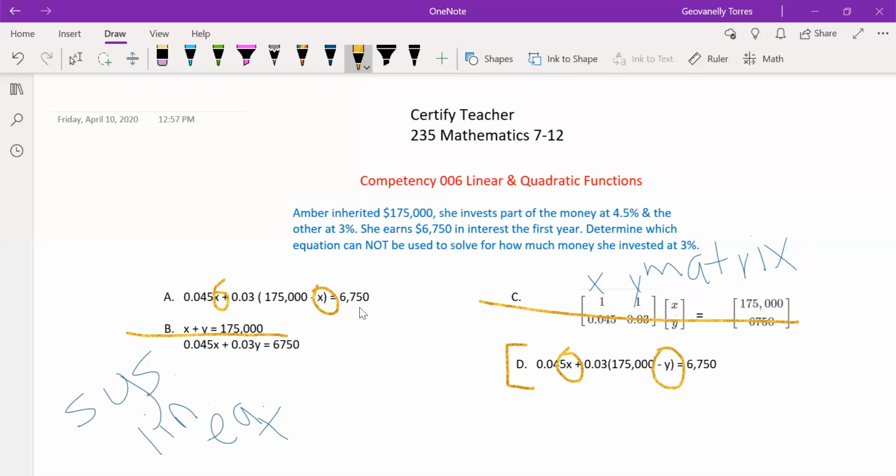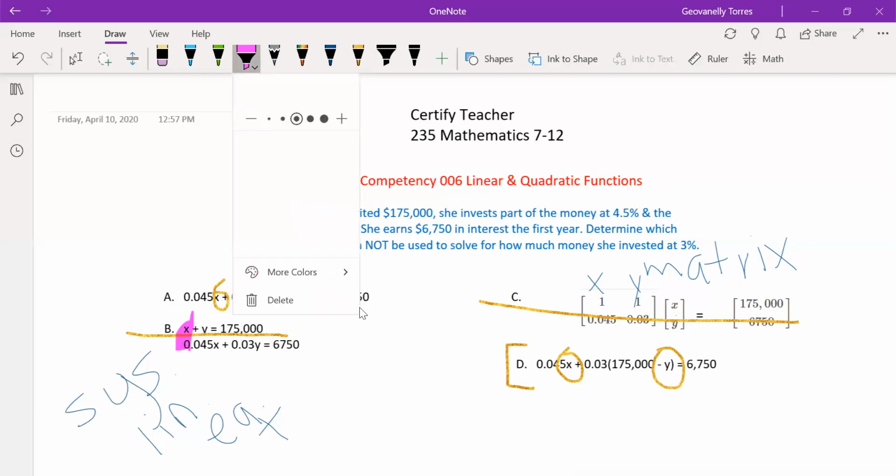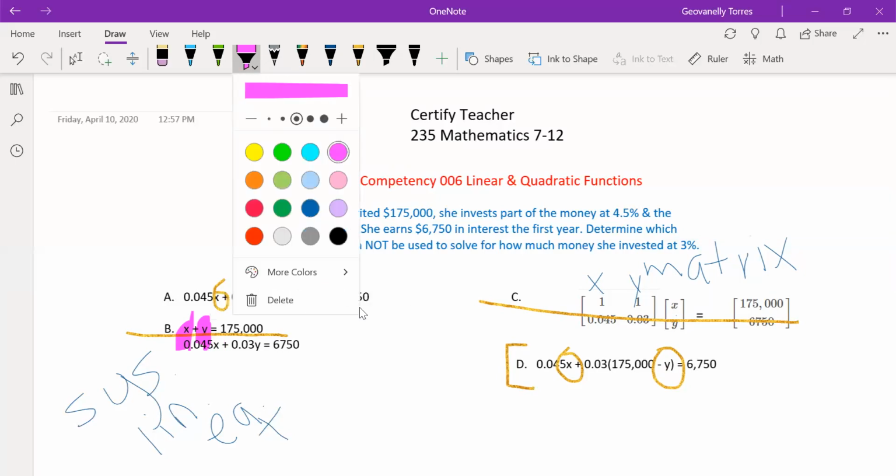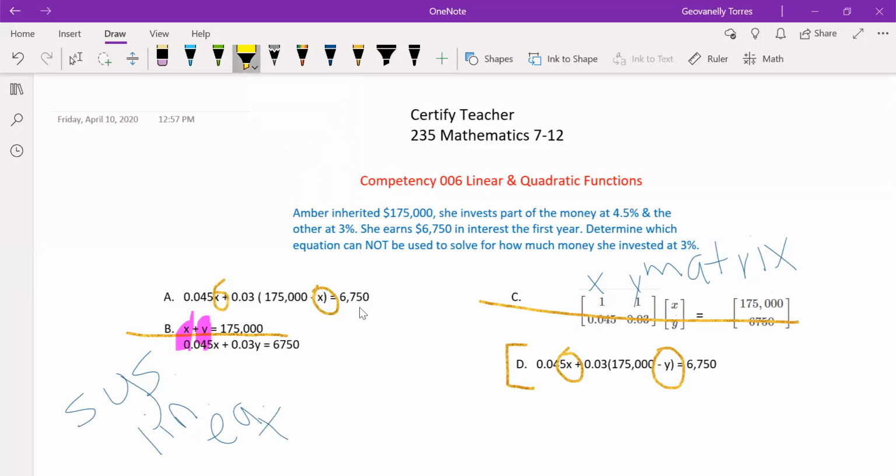Well, if we look back at answer choice B and C, we notice that there are two variables. For example, in answer choice B, there's x and there's y, and here we have another equation that has x and y. So that means that there are two equations.